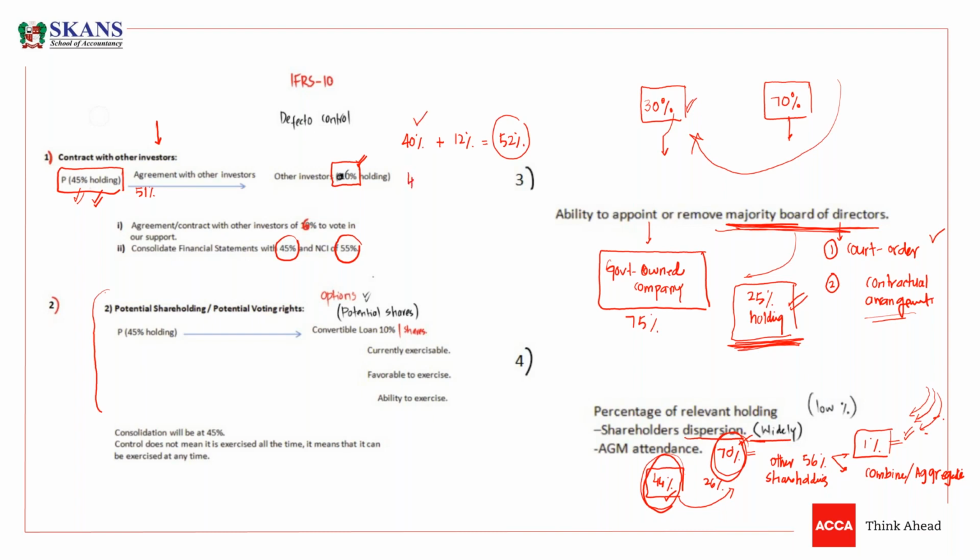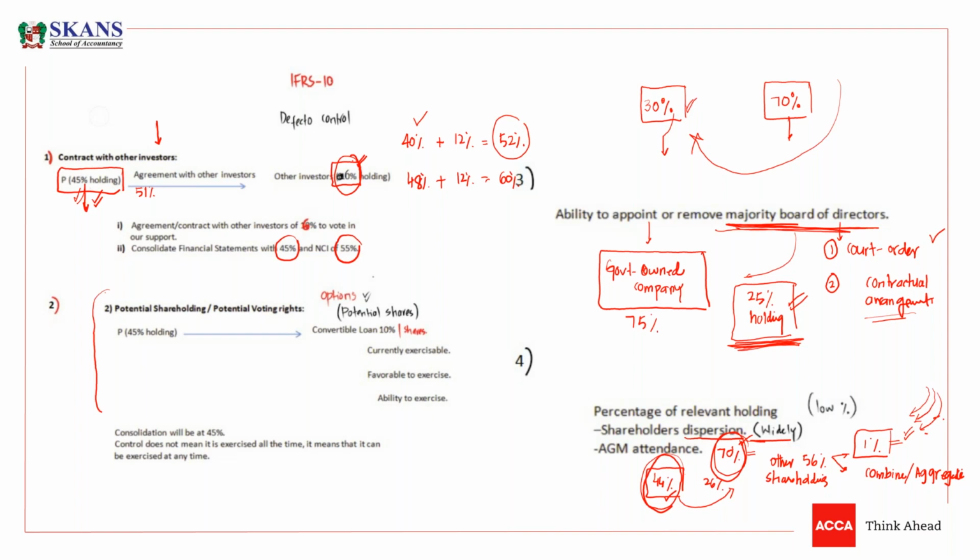If you have 48% and you have an agreement with an investor who has 12%, it will make you both 60%, above 50%, so you can control. So by agreement, this is just an example that if a company has 45% and they have an agreement with another investor with 6% that they are going to control the company and he's going to help you, then it means you have control.